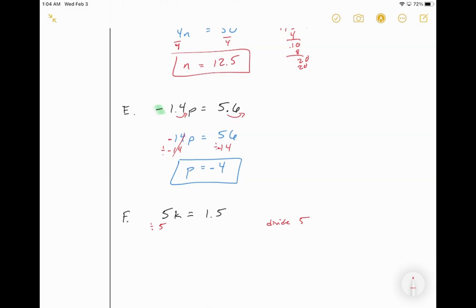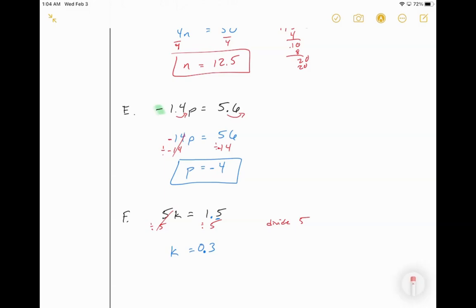Now we know that cancels out, and we're just gonna be left with k, so that's great. That's what we want. But over here, I've got 1.5 divided by 5. Let's just say it was regular 15. 15 divided by 5 is simply 3. But there's a decimal here, so I need to go one decimal place. So my final answer will be 0.3 instead.